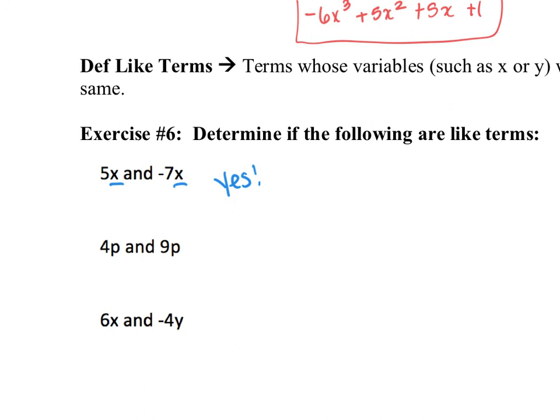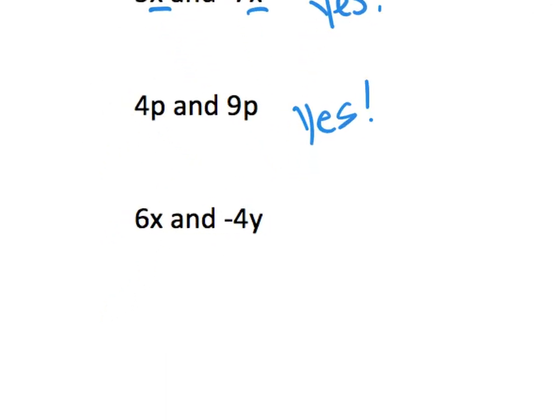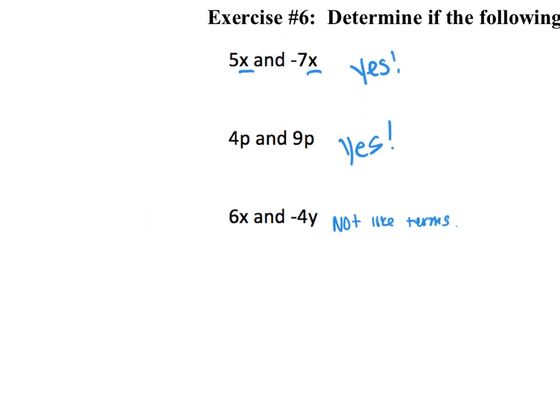Note, I didn't say 4p squared and 9p cubed. I just said 4p and 9p. These are also like terms. And then last but not least, I have a 6x and a minus 4y. These are not like terms because they both aren't an x and they both aren't a y.